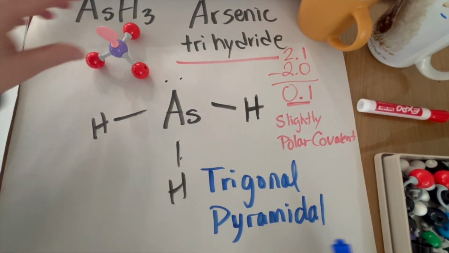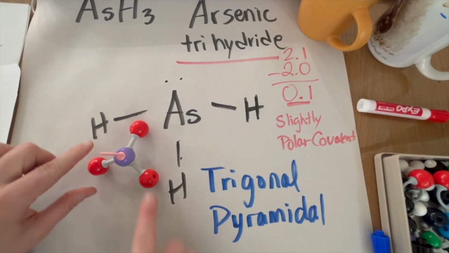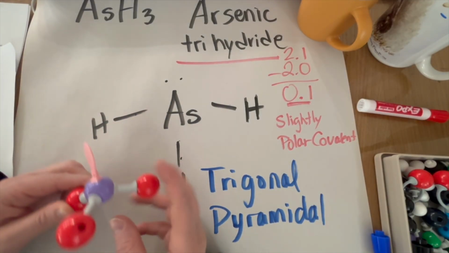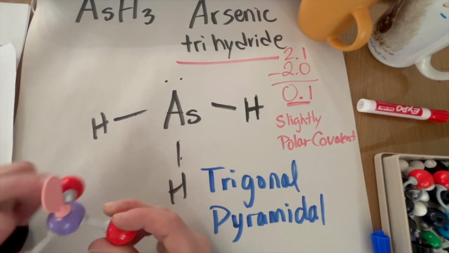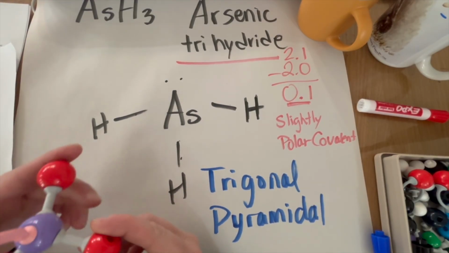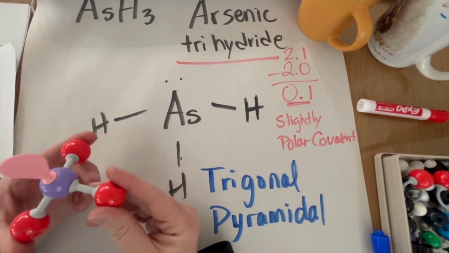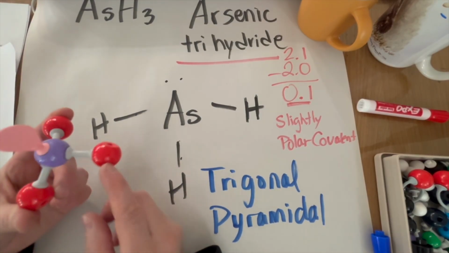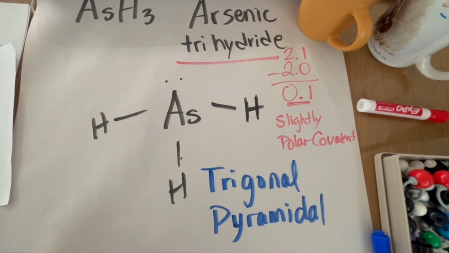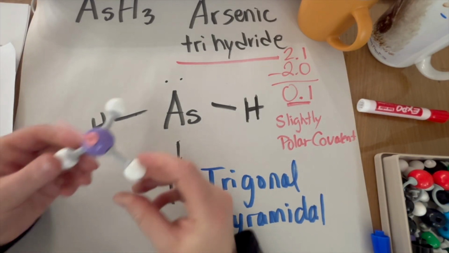Okay, so again, when you have 3 bonded atoms, you're going to need a central atom that has at least 4 holes in it, so that you can actually create this shape. But you're going to have the 3 hydrogen atoms that are coming up. Let me change this to hydrogen atoms just so this looks better. Hydrogen is usually white, so let's make that look a little bit nicer. Okay, so there we go.